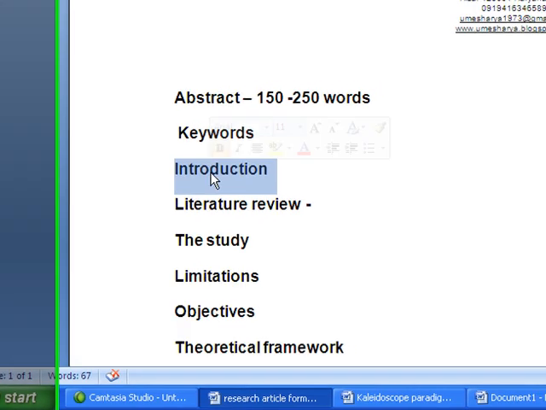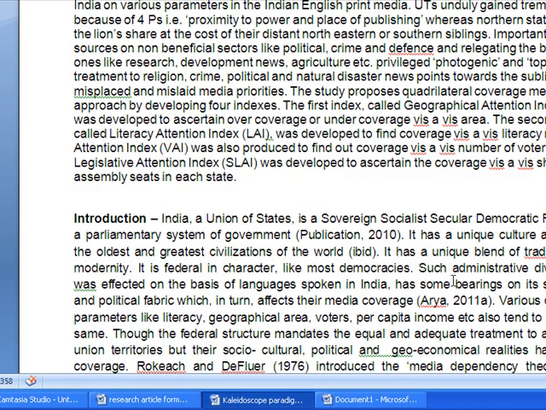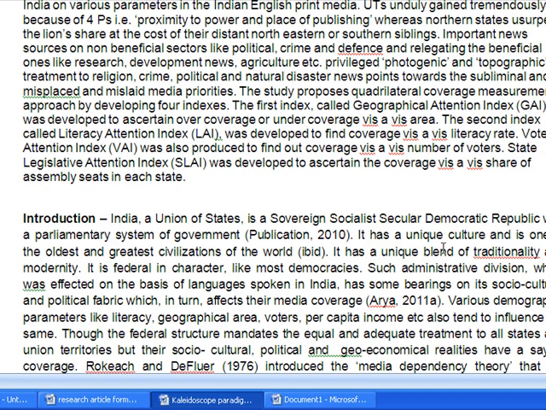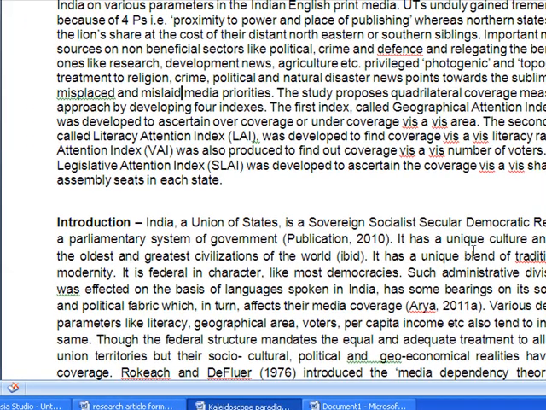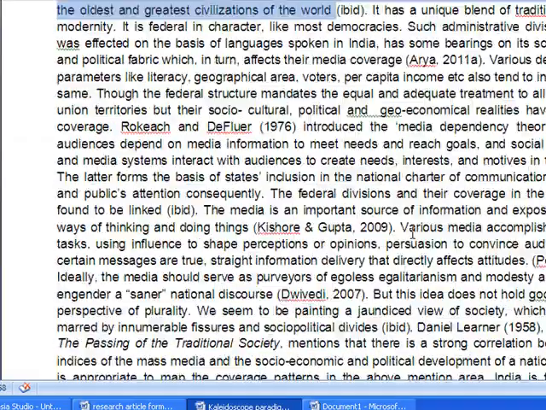Then you write the introduction. Introduction is like following the funnel approach. As the funnel is very narrow at the beginning but gradually expands, you have to first start from some basic sentences and then expand upon the topic.